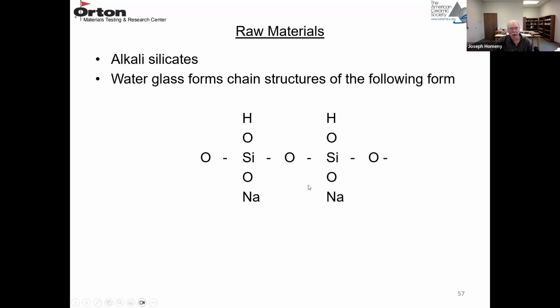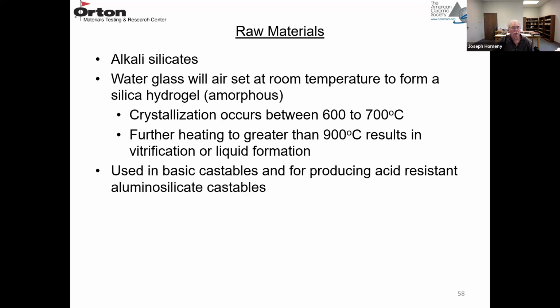So basically what happens when they form a gel, they form this chain-like structure. So you have an Si-O-Si bond, and then bonded to the Si is an OH group and an ONa. So you're forming these chains that form the gel. So at room temperature, the water glass forms an amorphous gel.